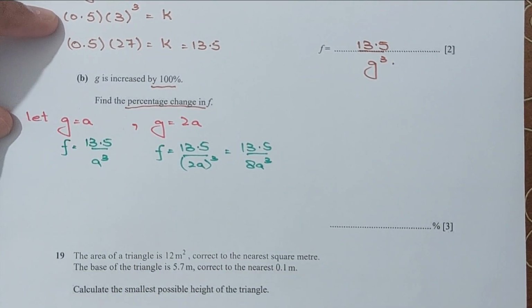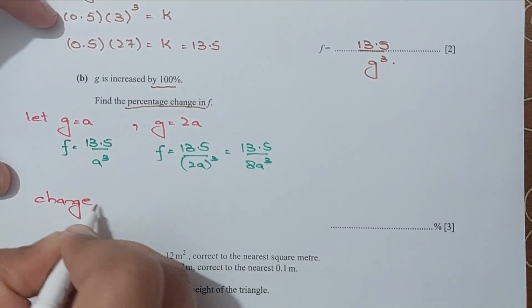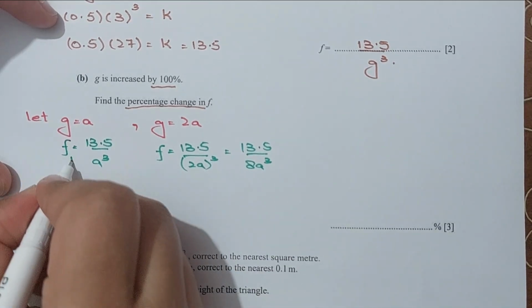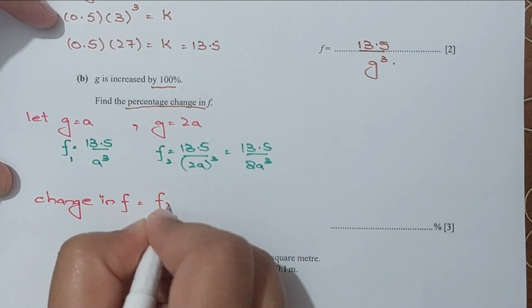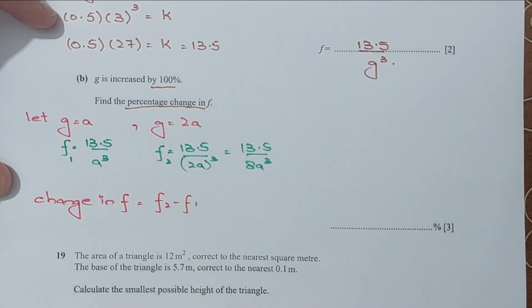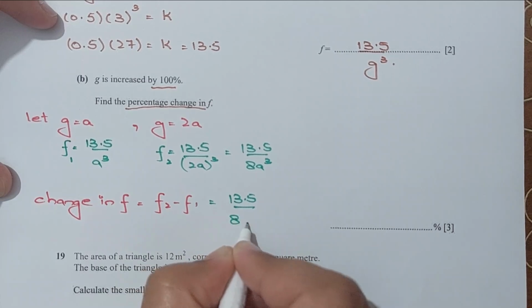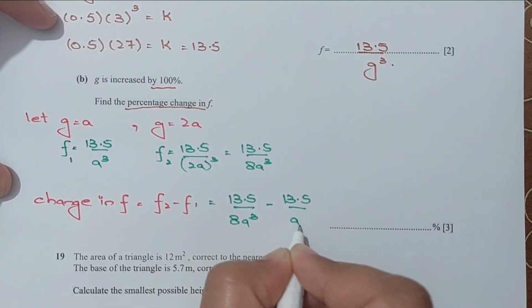Now percentage change, so first we have to find the change in f. This is my f1 and this is my f2. So change in f is basically f2 minus f1, right? So let's do this. F2 is 13.5 over 8a cube minus 13.5 over a cube.